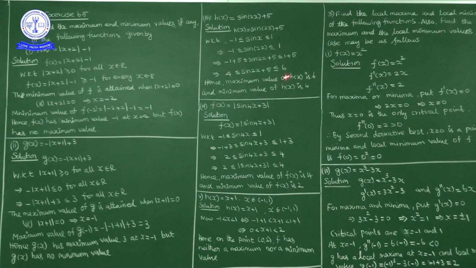For example, x is 0, sine 2x is 0. And when x equals pi by 4, we get sine 2 into pi by 4, which is sine pi by 2, which is 1, and 1 plus 5 is 6. Like that you get a maximum value.